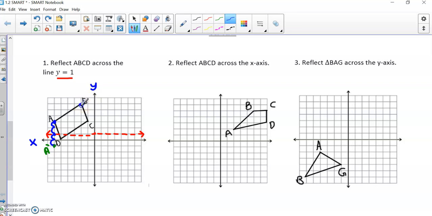Similarly to B, we go 1, 2, 3, 4, 5 points away, so we're going to keep going in the other direction, 1, 2, 3, 4, 5, and that is where my B prime should be. Now for C, it's 2 away, and so I'm going to count 1, 2 again, and put my point C prime there.